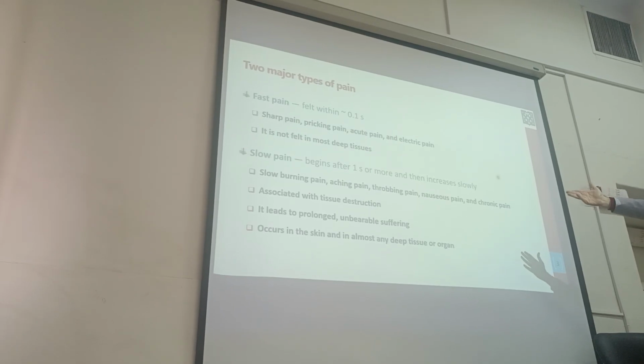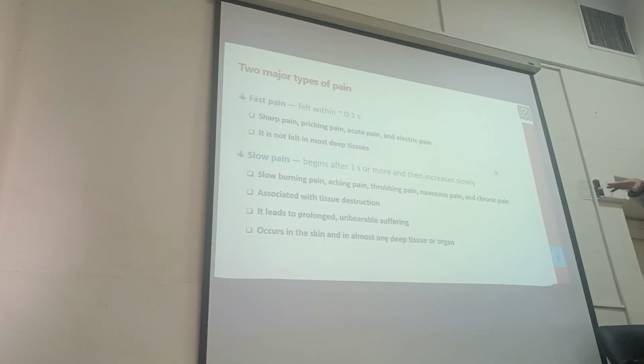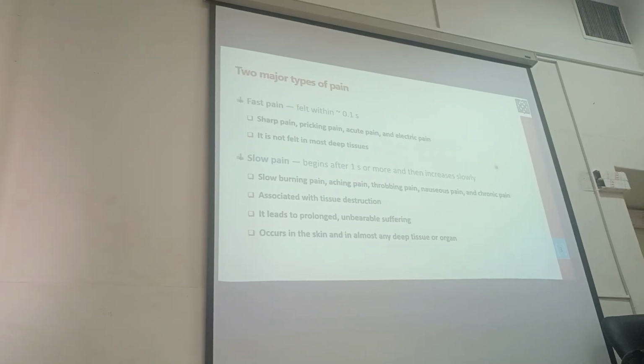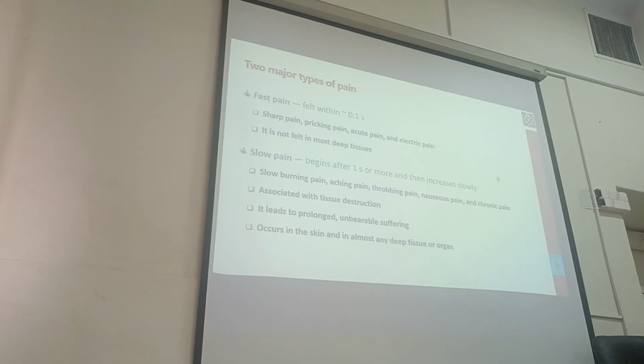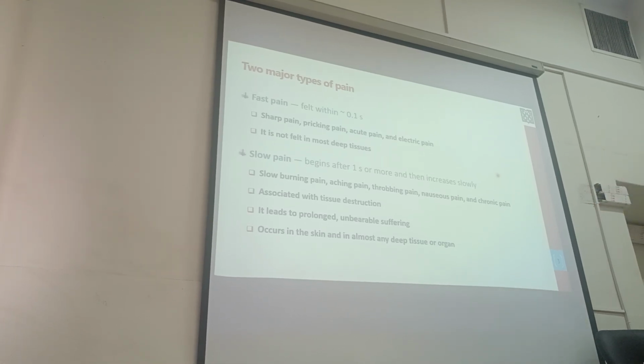Types of slow pain include burning pain, aching pain, throbbing pain, like beating, and nauseous pain, so pain accompanied with nausea, right? And chronic pain. So all of them refer to slow pain.